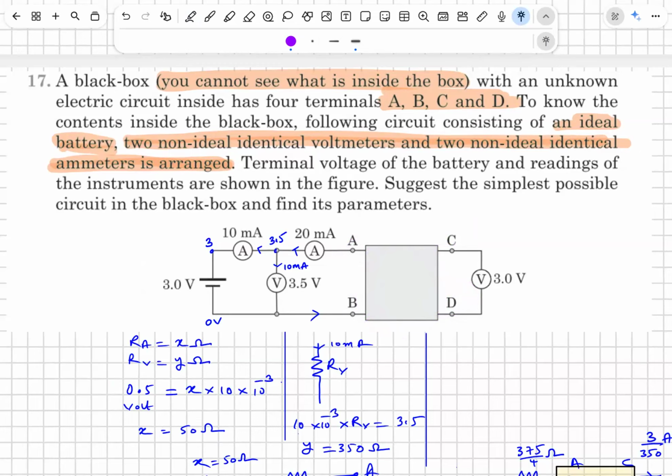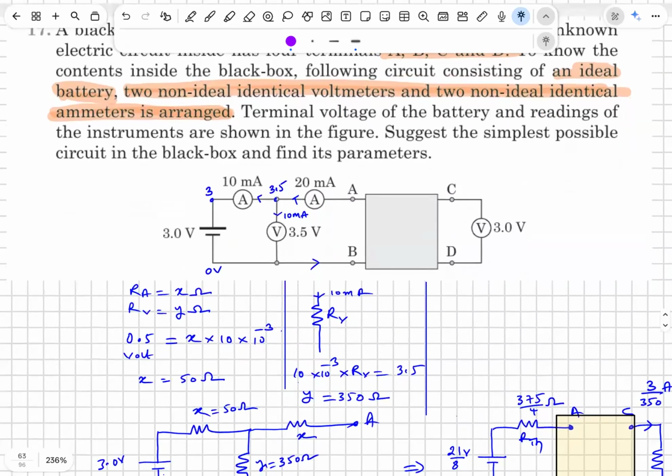Identical ammeters means if the resistance of one ammeter is X, this is also X. If this is Y, this is also Y. Terminal voltages of the battery and readings of the instruments are as shown in the figure. Suggest a simple possible circuit in the black box. Find its parameters.